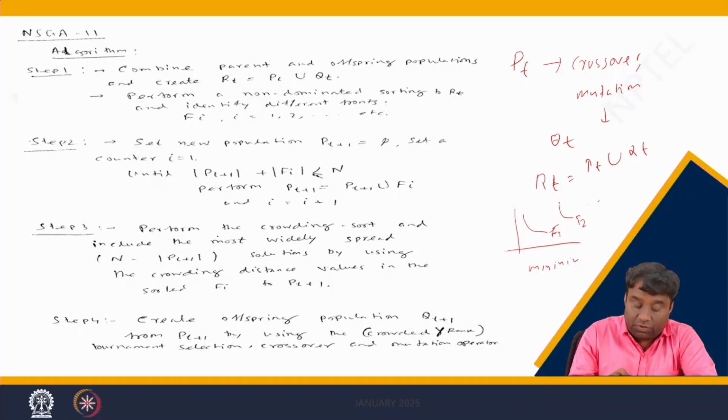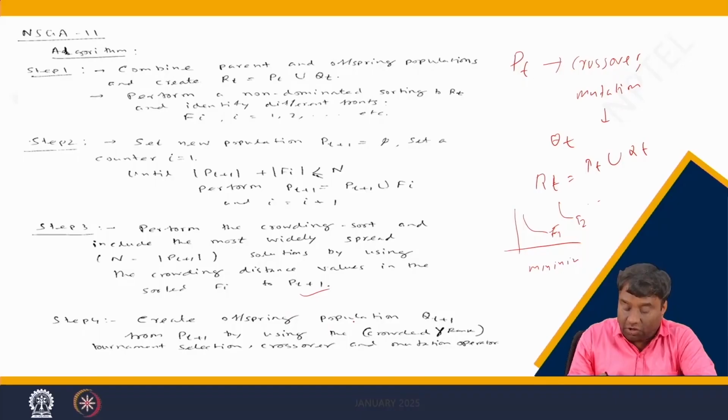If it is not true, then we need to perform the crowding distance mechanism. We perform the crowding sort and include the most widely spread solutions, that is, those with more crowding distance value. So we include the most widely spread N minus size of PT+1 solutions, using the crowding distance values in the sorted FI, into PT+1.